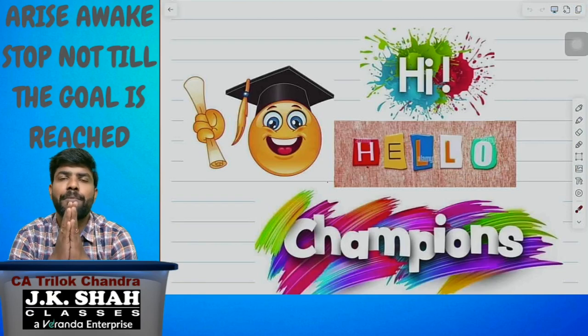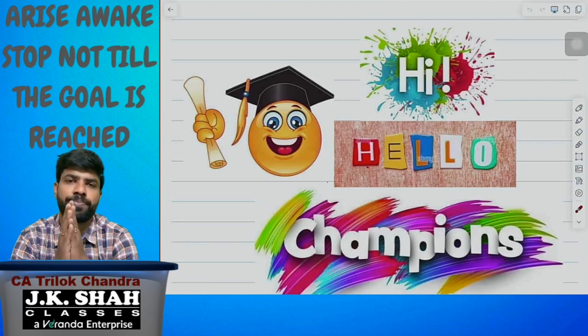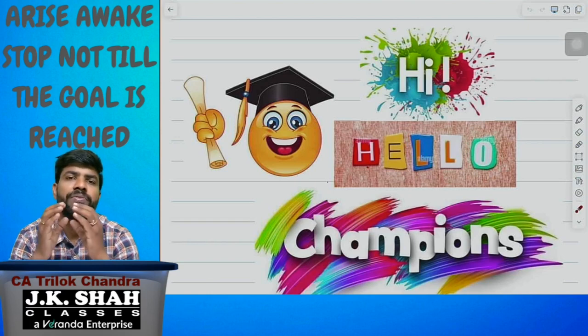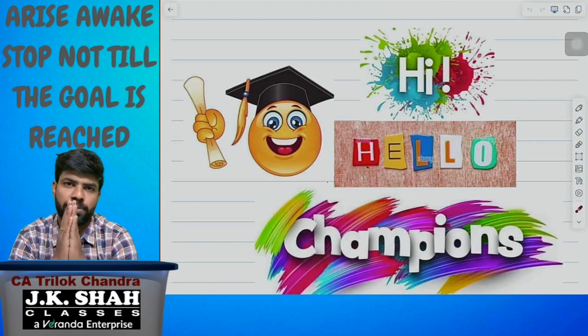Today I am going to start with the chapter called overheads, one of the very important chapters from the subject called cost and management accounting. The concept we are going to discuss in this chapter will have an impact on every chapter.